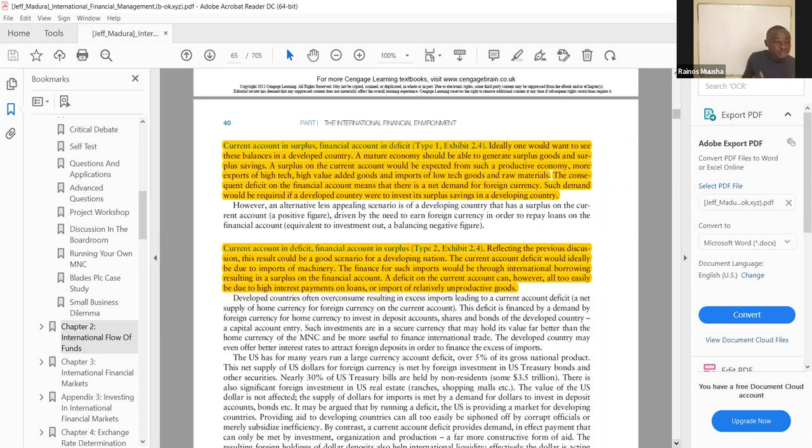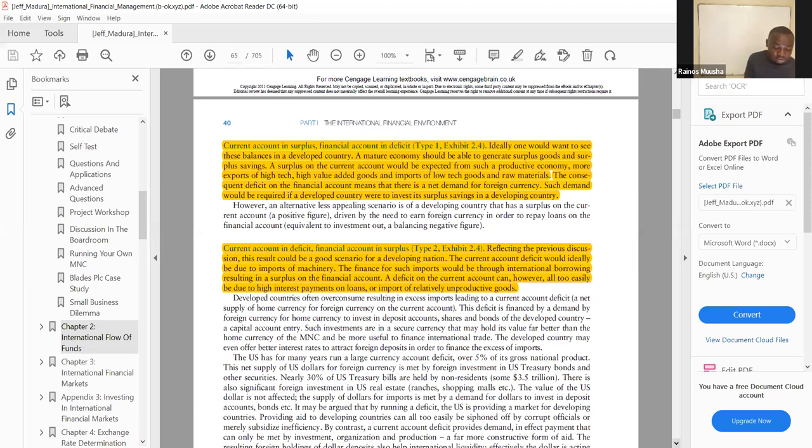For example, we export raw gold, raw diamonds, raw minerals, basically to the developed countries. And what do they do? They process these minerals into finished goods. Then they export those goods back to countries like Africa as well. But now they've basically created more value.